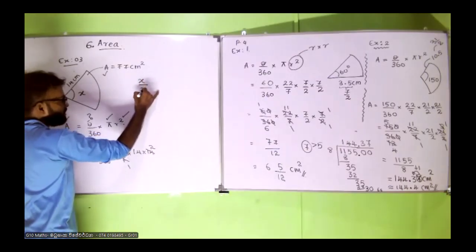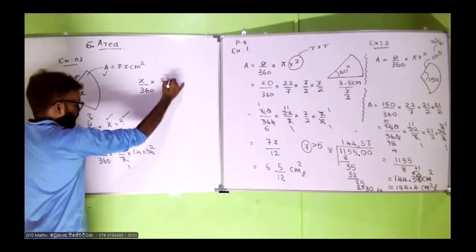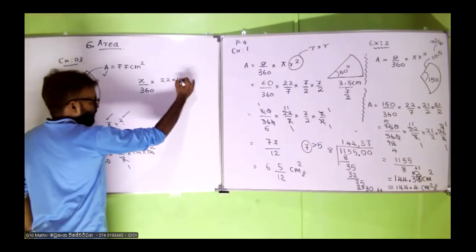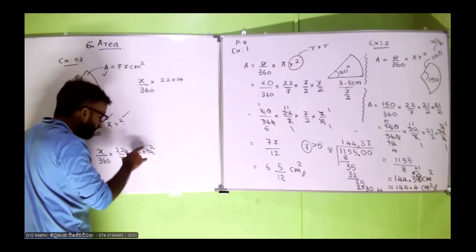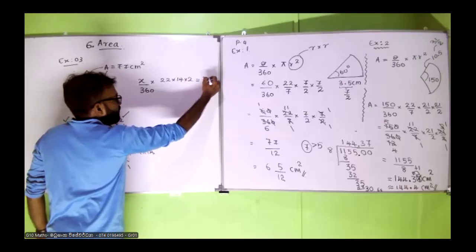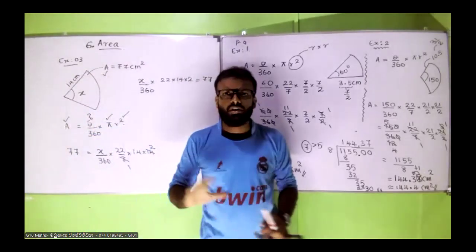x divided by 360 multiplied by 22 multiplied by 14 multiplied by 2 equals 77.